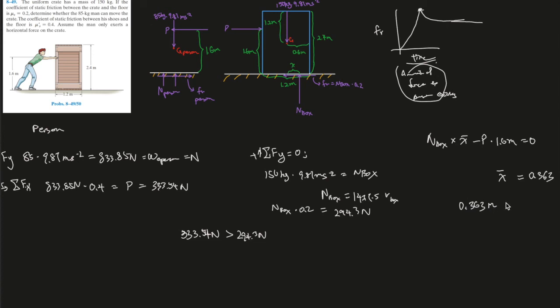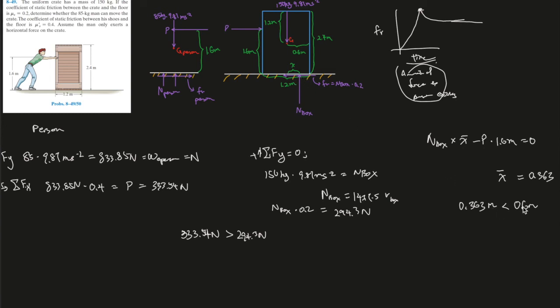It's about half of the 0.6 meters, which is half of the distance of the base of this box over here. So that means this force, which I drew roughly about this area, means this box will keep moving and not tip over, right?